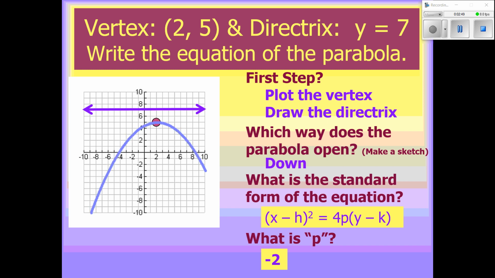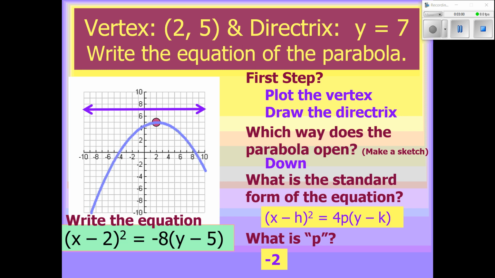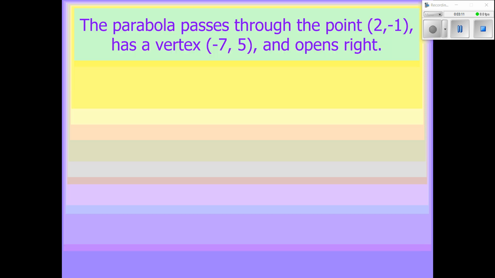So it's going to be a -2. Substitute in the x and y values of your vertex as well as the -2 for the p-value into the standard form, and we get this: x minus 2 quantity squared equals -8 times the quantity y minus 5. Again, that's a -8 because it's -2 times 4p.